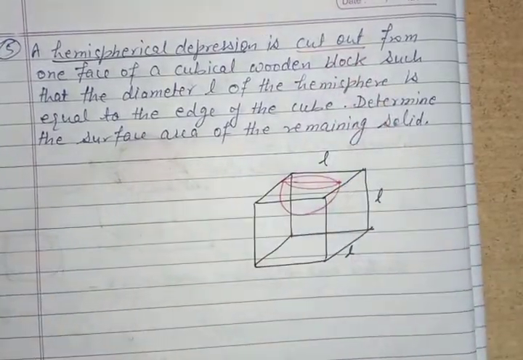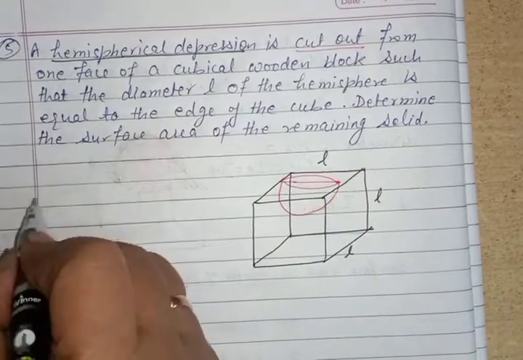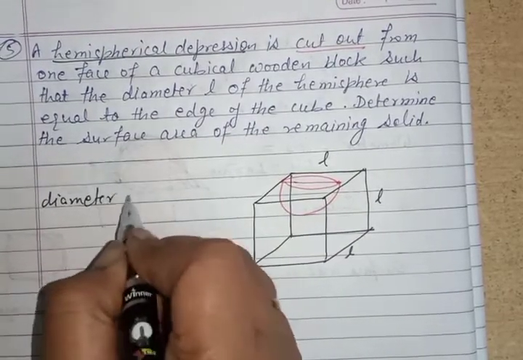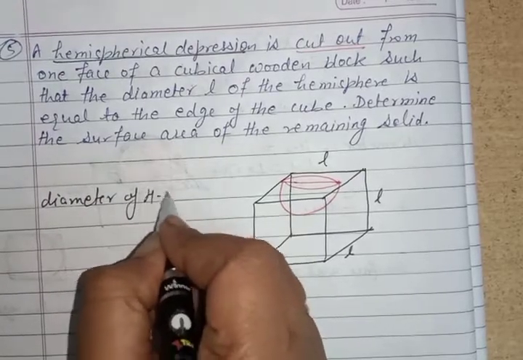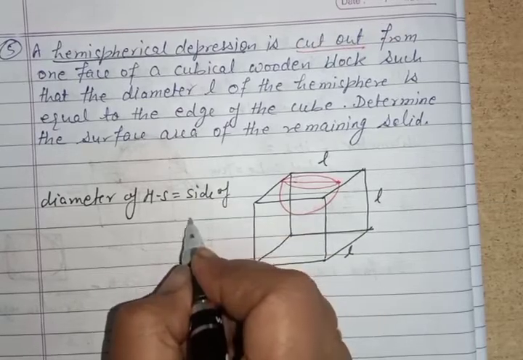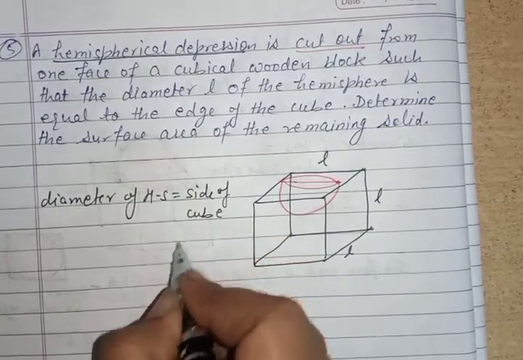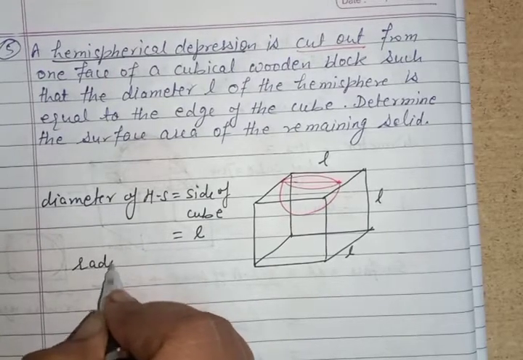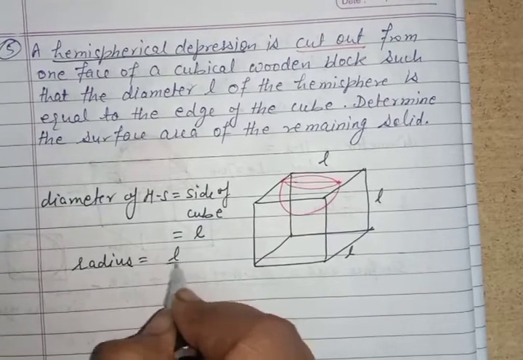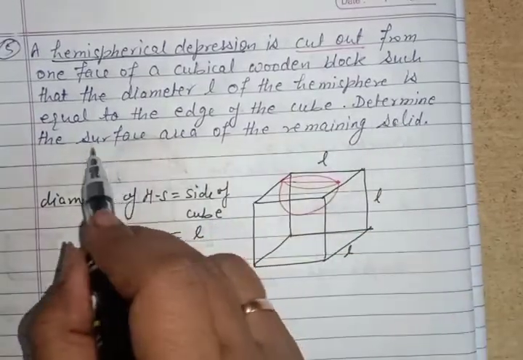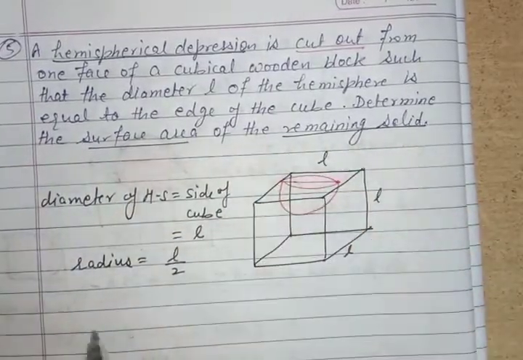So same formula will apply here. Diameter of hemisphere is equal to side of cube, which is equal to L. So radius is equal to L by 2. Now the surface area of the remaining solid.